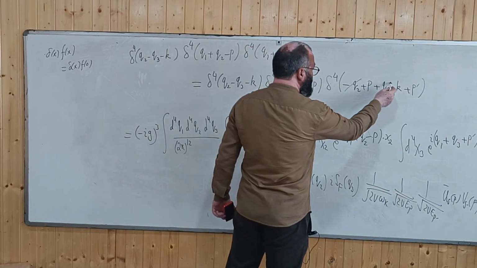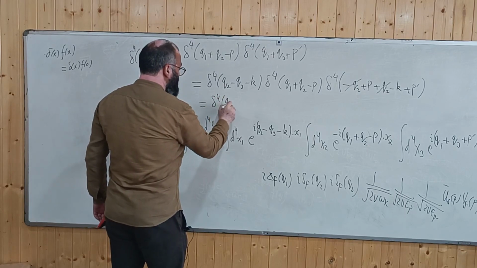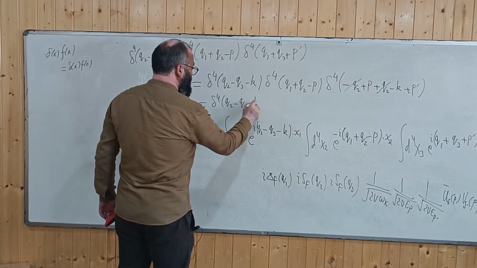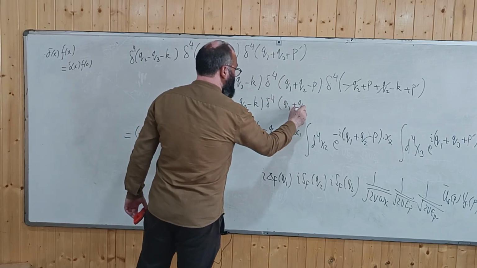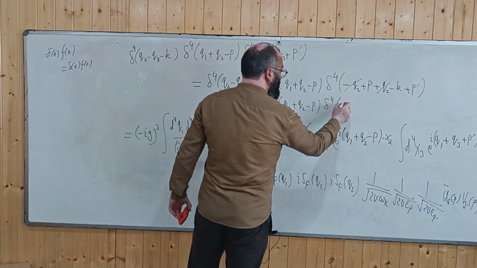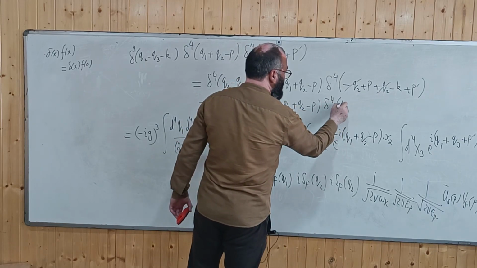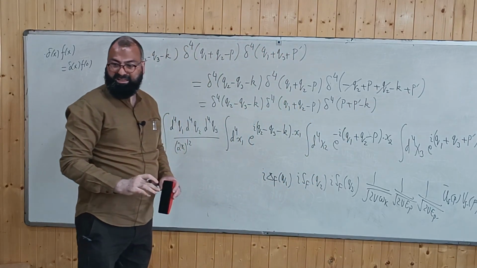This q2 and q2 cancel. So let me write it. It is delta 4 of q2 minus q3 minus k, delta 4 of q1 plus q2 minus p. What are you having here? Delta 4 of p plus p prime minus k. Clear? Can I write it?